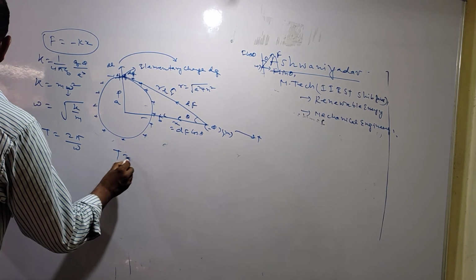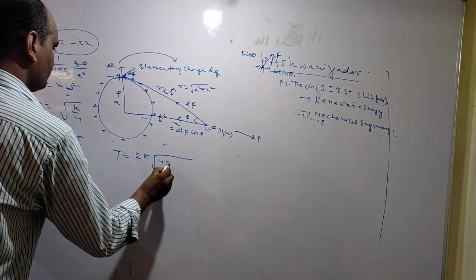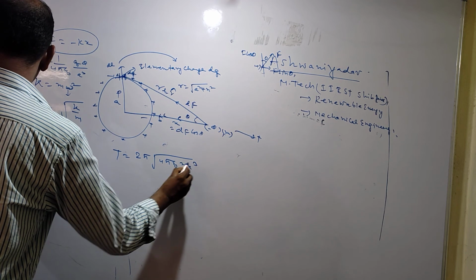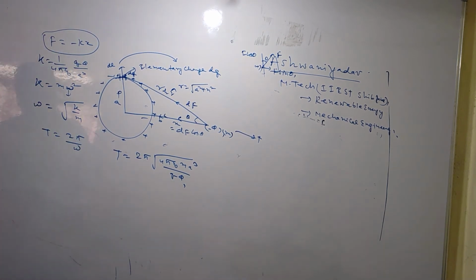So we have the time period equal to 2 pi under root of 4 pi epsilon naught m a cube by Q q. This will be your time period.